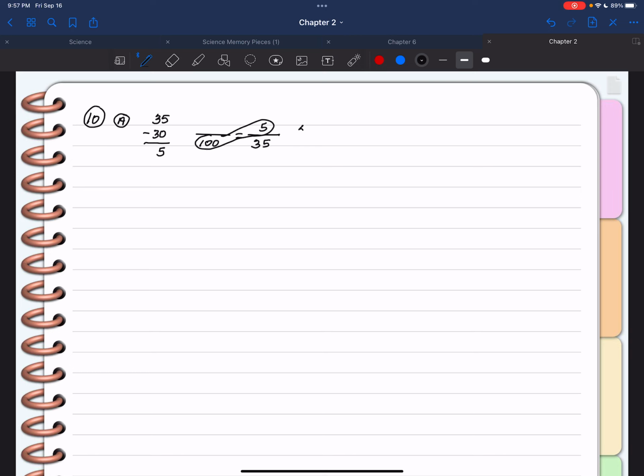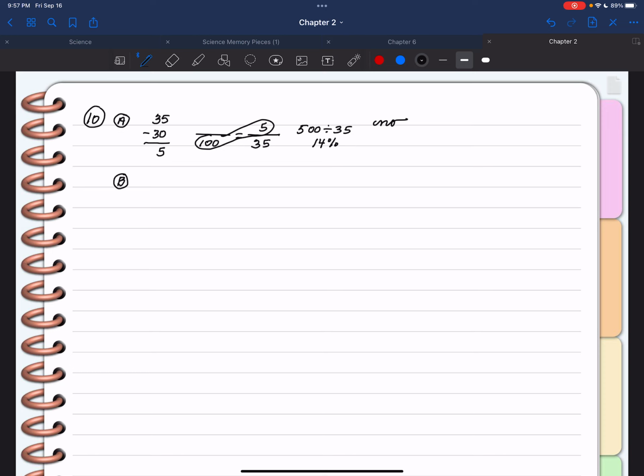So 500 divided by 35 is 14%. So that's not a 30% decrease. That's a no.